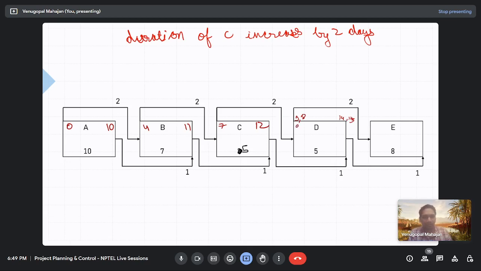So bigger values, 9, 14. What about activity E now? 9 and 2, 11, 11 plus 8, 19, or 14 plus 1, 15, and 15 minus 8, 7. So obviously bigger values, 11 and 19.